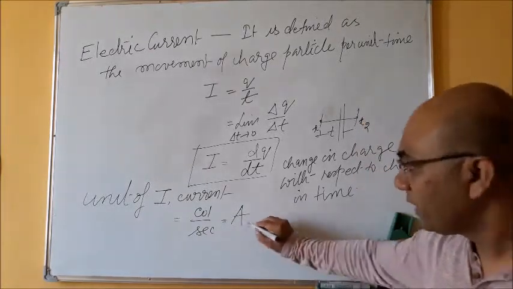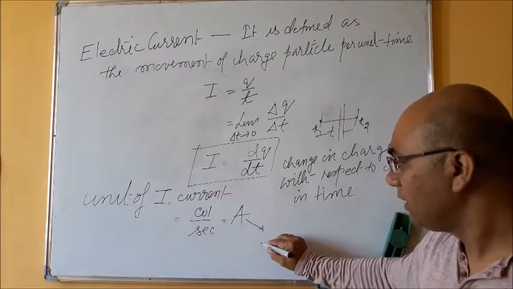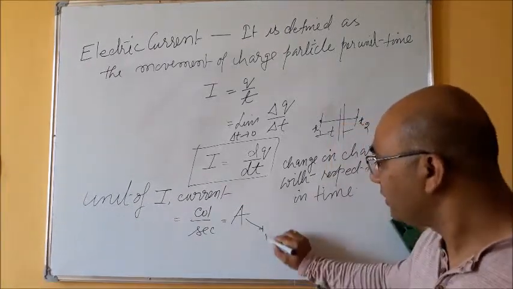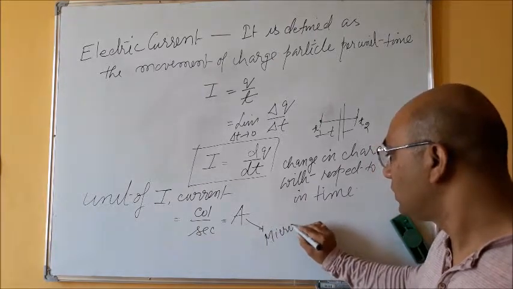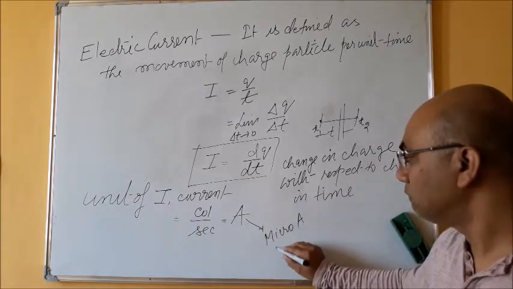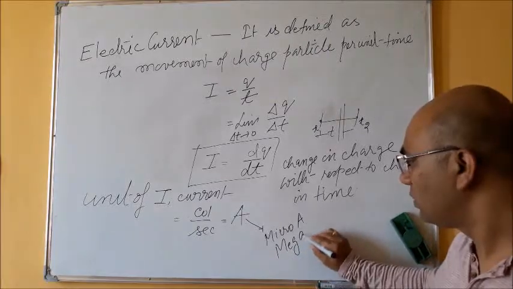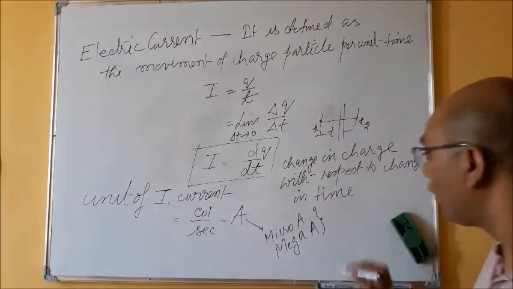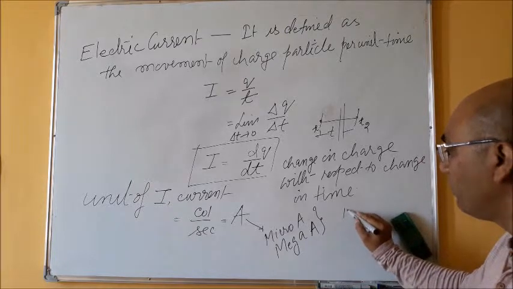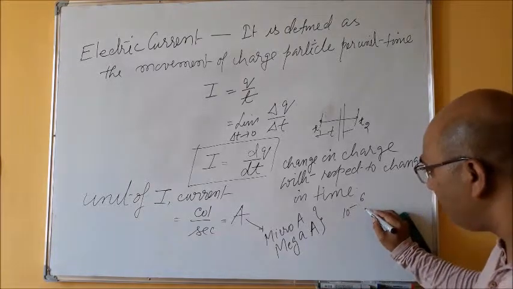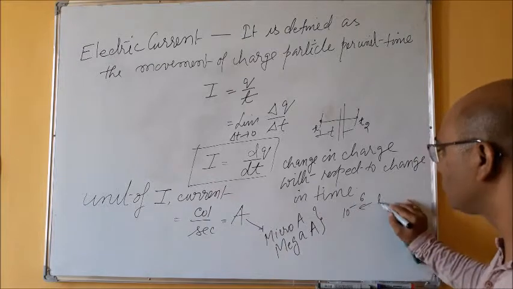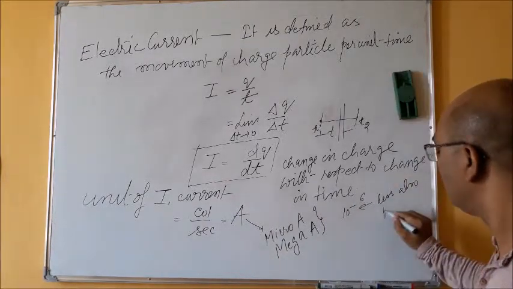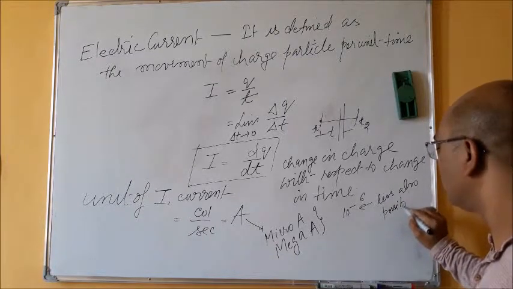Now you see this ampere may vary from even microampere to mega ampere. Okay, so the range of current goes from a minimum value, and less than this is also possible.